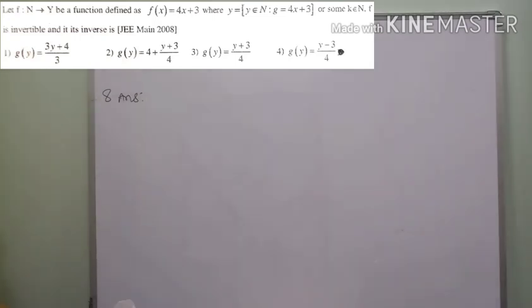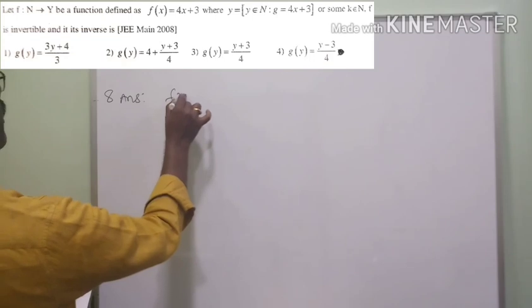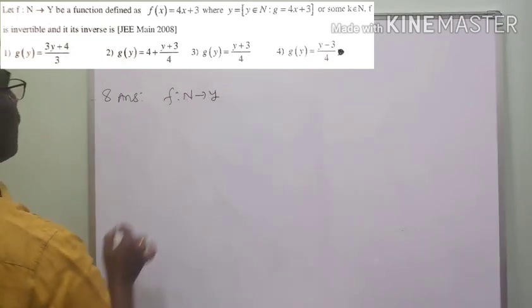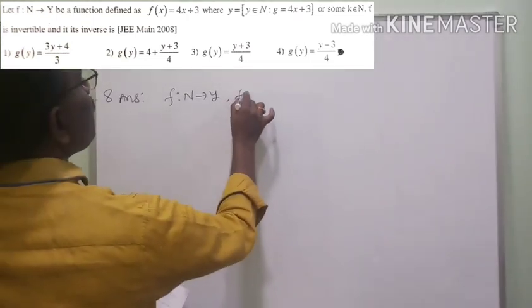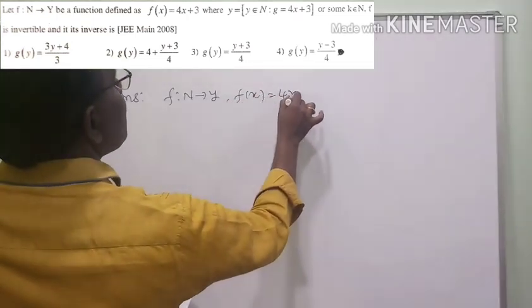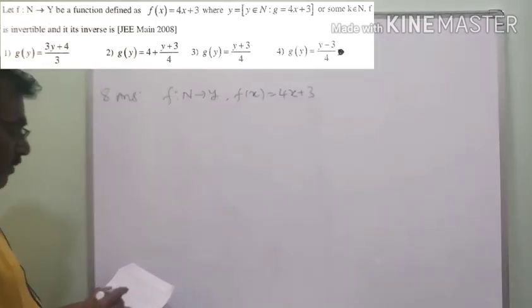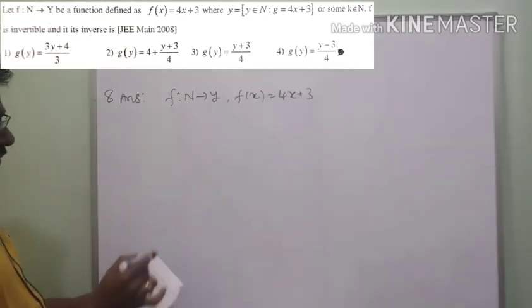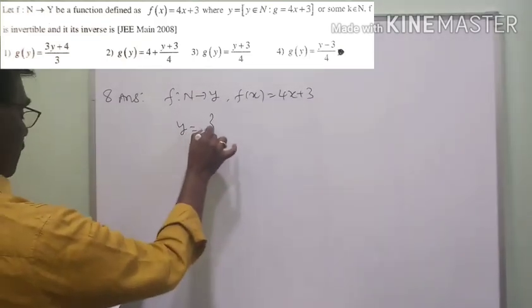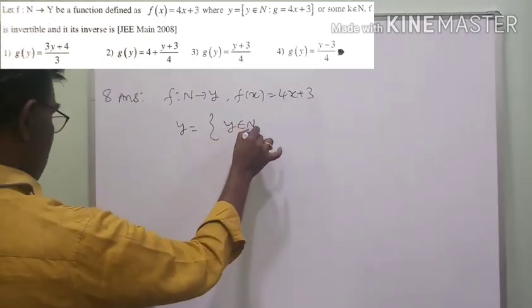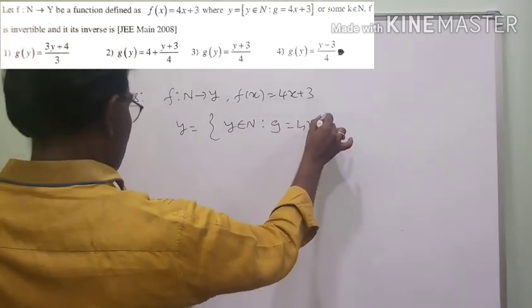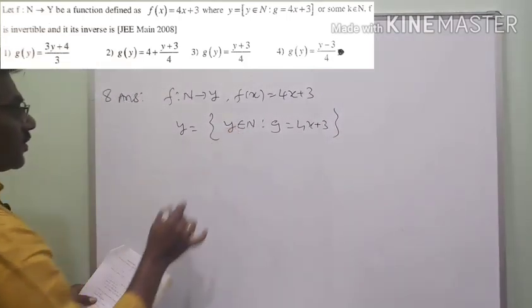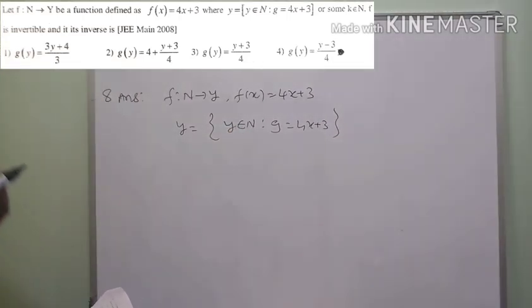Let f from N to R, f of x equal to 4x plus 3, where y belongs to N. Or some k belongs to N. It is invertible, and its inverse is asked.